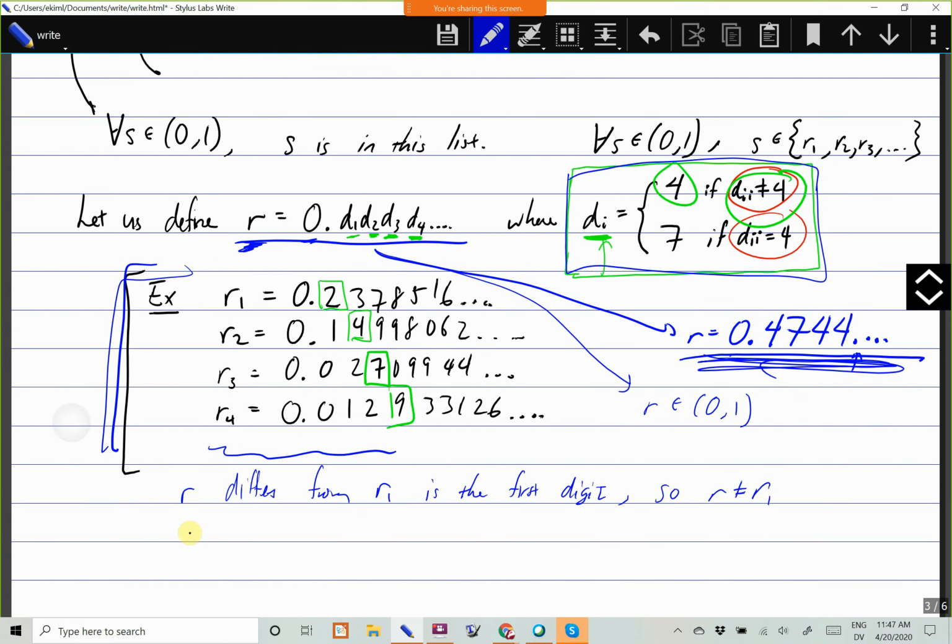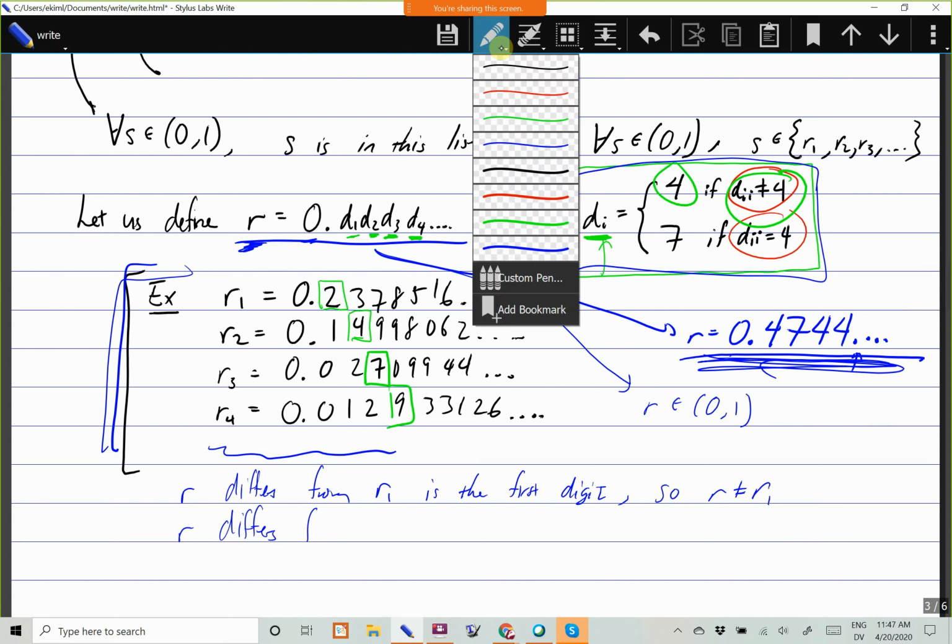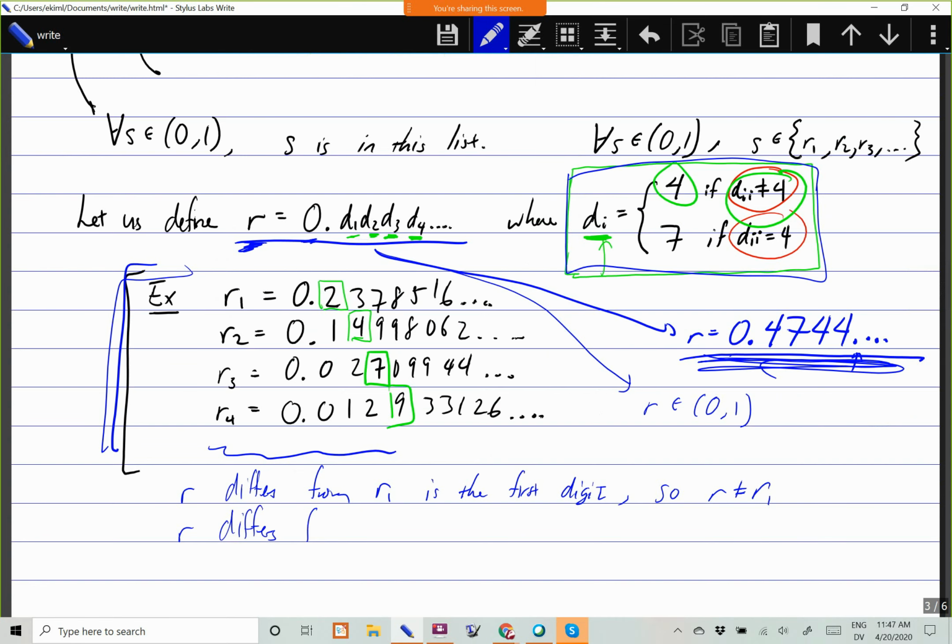And then here's the thing. By design, R differs from, I use the thicker pen here, R differs from R2 in the second digit. This was by design. Okay, so take a look. The second digit of R2 is a 4. The second digit of our number is a 7. We designed it, we gamed this. But we don't even need to look at any of the other digits.